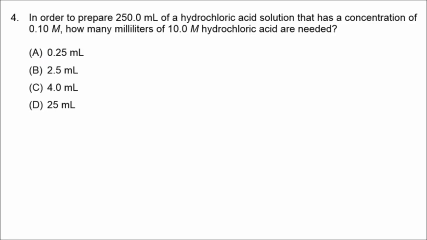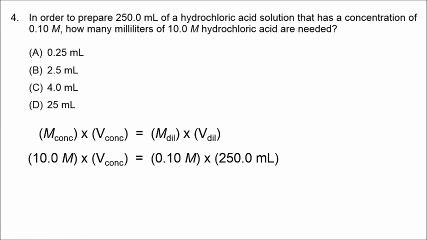This question is asking us how many milliliters of a 10 molar stock solution of hydrochloric acid are needed to prepare 250 milliliters of a 0.1 molar solution. So we're going to use the equation M times V equals M times V. We'll plug in everything we know.